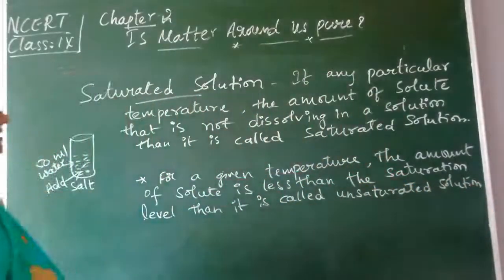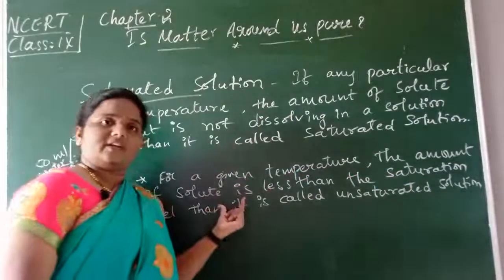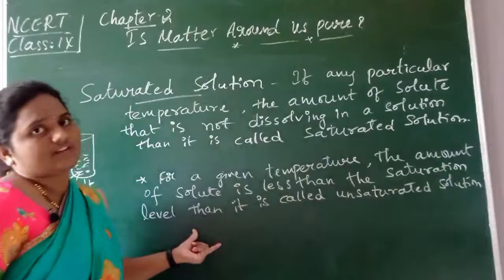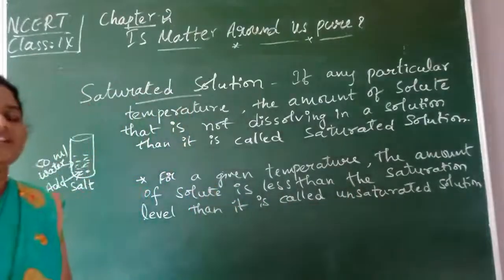Understanding, children, the concept of saturated and unsaturated solution? If the amount of a solid is less than the saturation level for a given solution, then it is called an unsaturated solution.